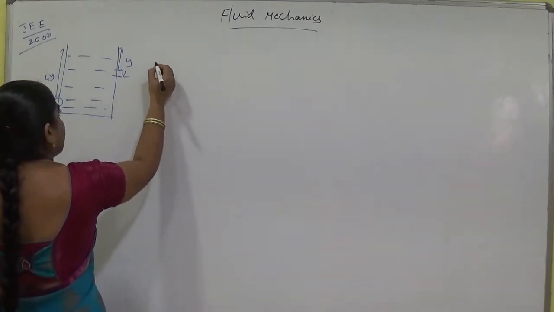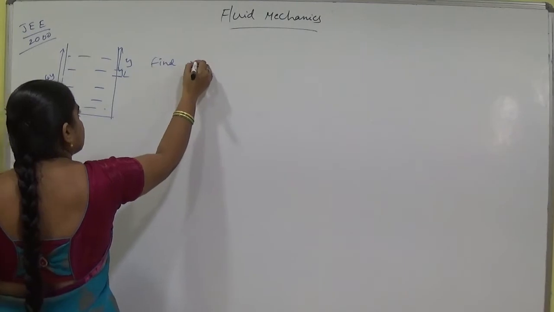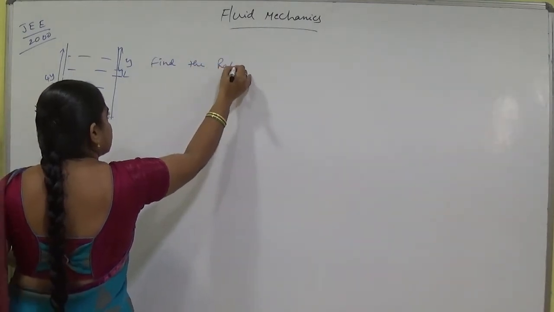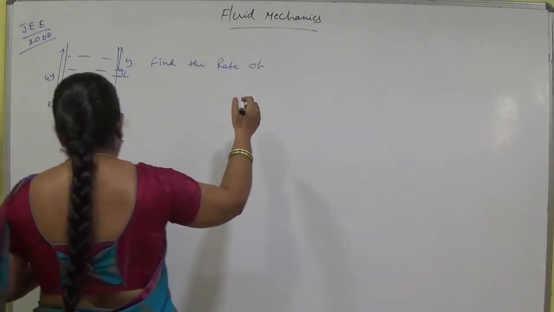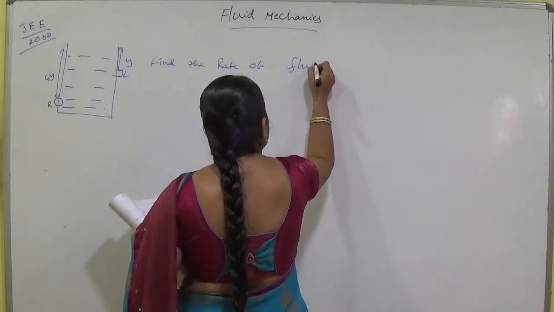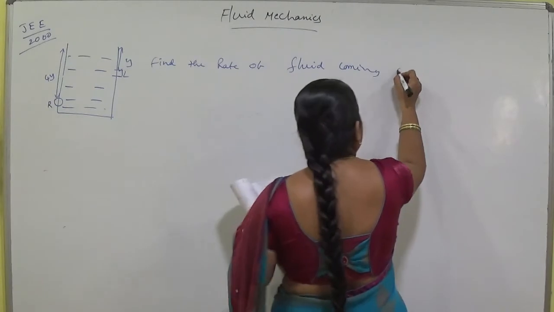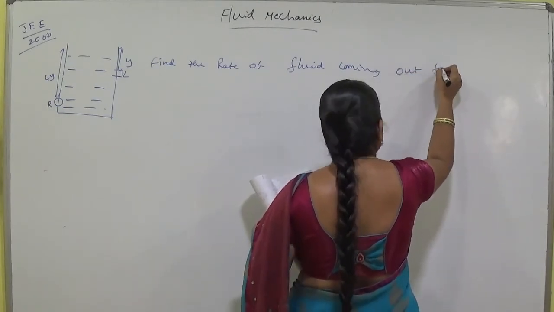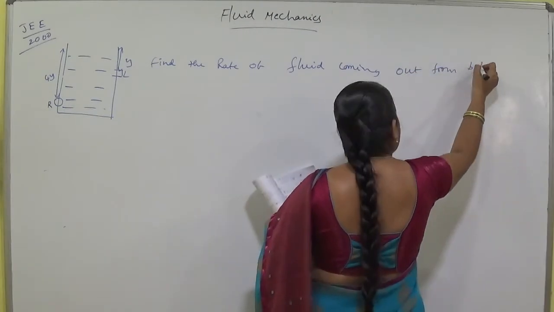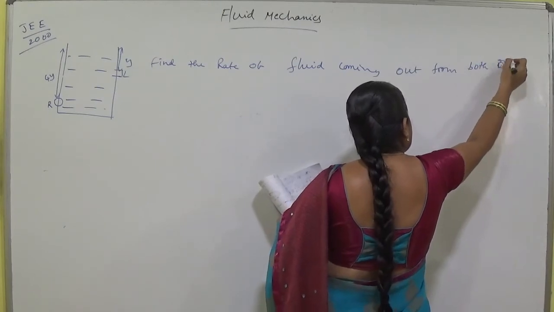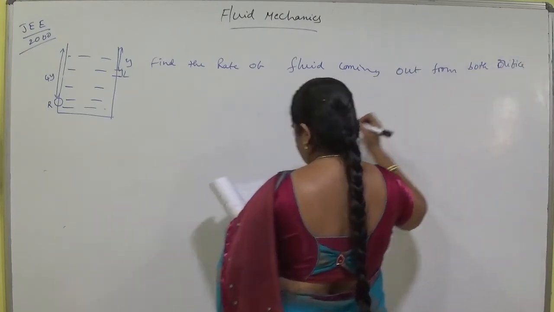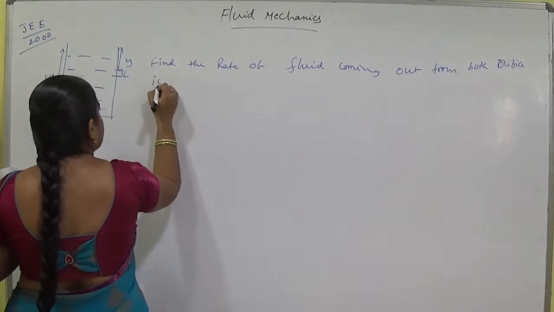Find the rate of fluid coming out from both orifices is the same.